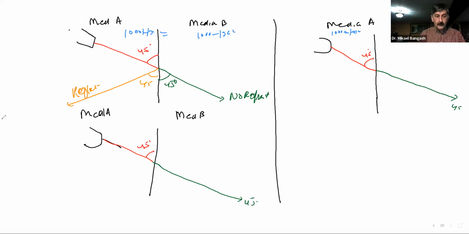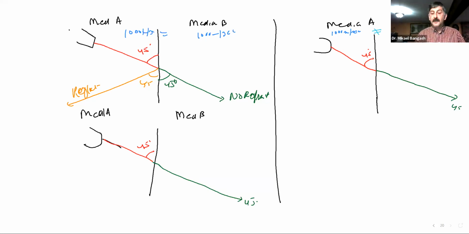Because of different speeds, both requirements are fulfilled: we have an oblique incidence and different speeds. In one medium sound travels at 1,000 meters per second, in the other at 4,500 meters per second.